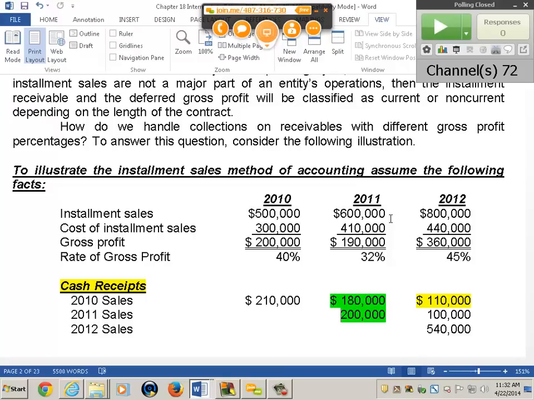And in 2011, I also collect from 2011, 32% is my margin, so I'm going to recognize a total of $136,000 in realized profit.